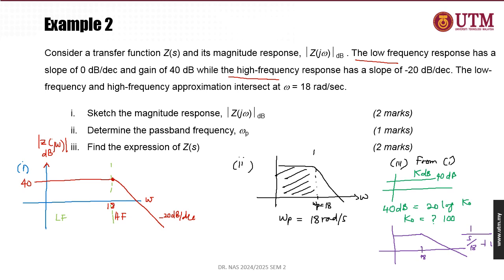So what's Z(s), the transfer function? So Z(s) equal to the constant multiplied with the component. So you have only one pole at 18. So this is the transfer function of Z(s).